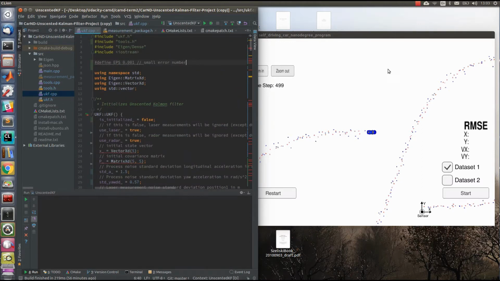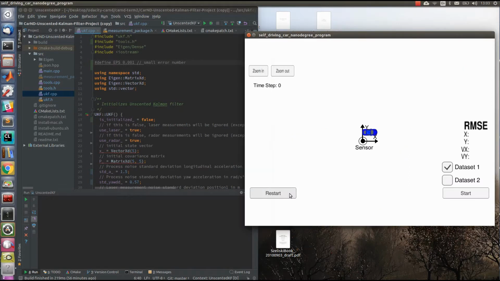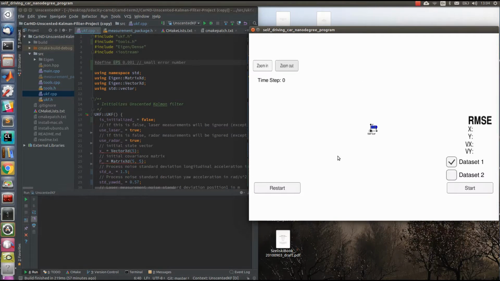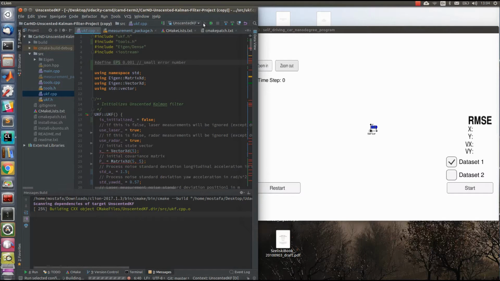But now let's try this code. So I'll restart my simulator, zoom out in order to get a more general look at the motion process, and then I will launch my program.